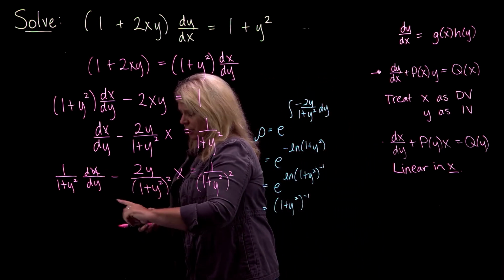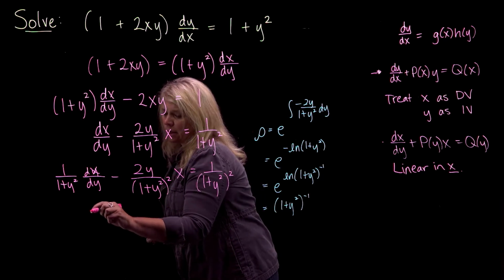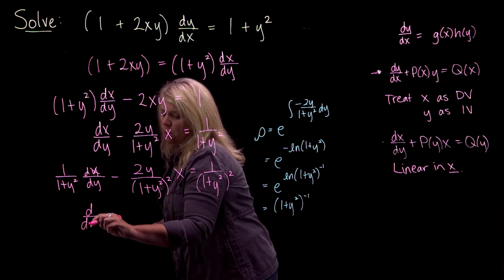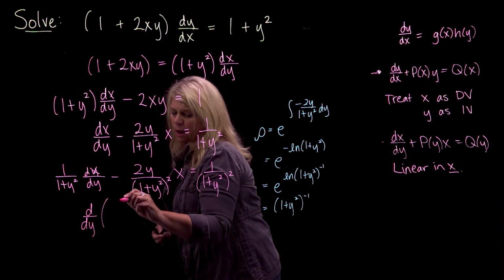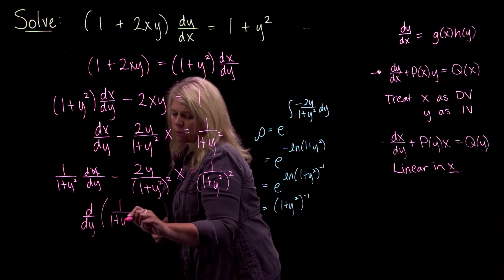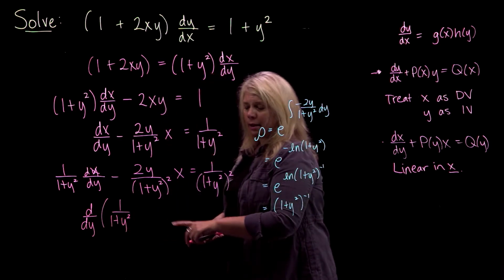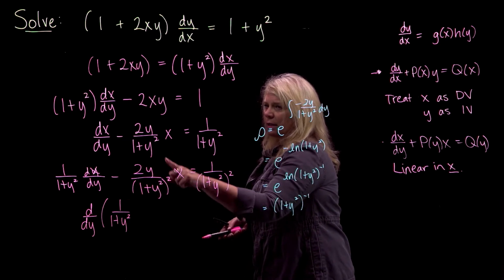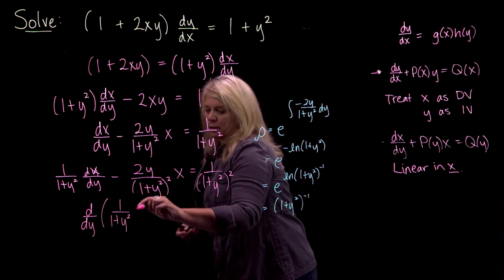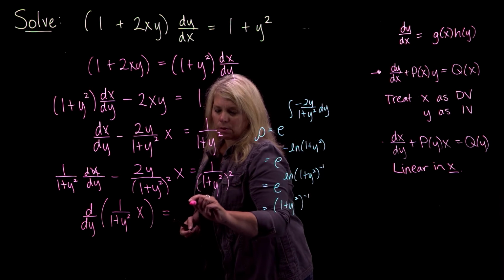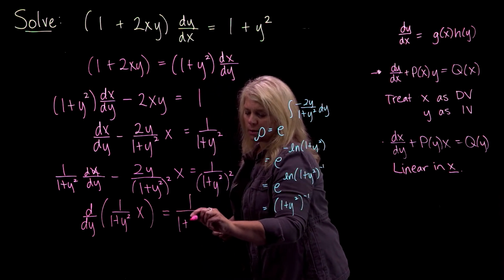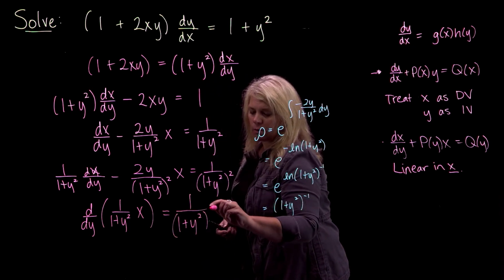Notice that this is a differentiation with respect to y. So this is d dy of the product of 1 over 1 plus y squared, and you can check that the derivative of that is what we have here, times x equals 1 over 1 plus y squared squared.